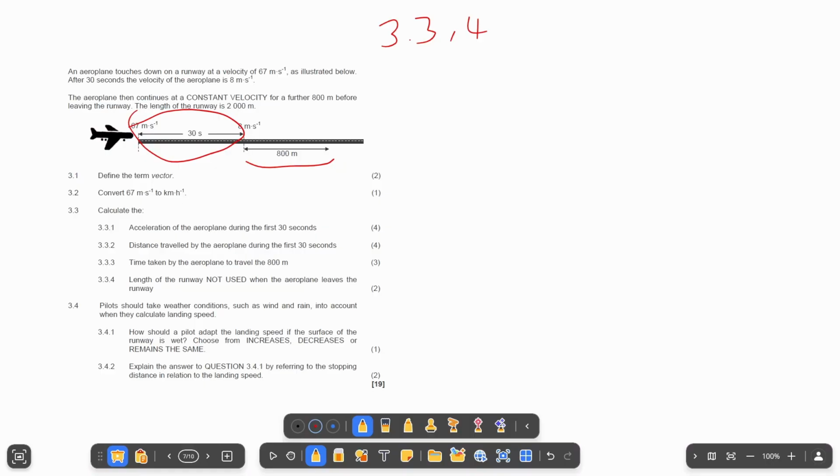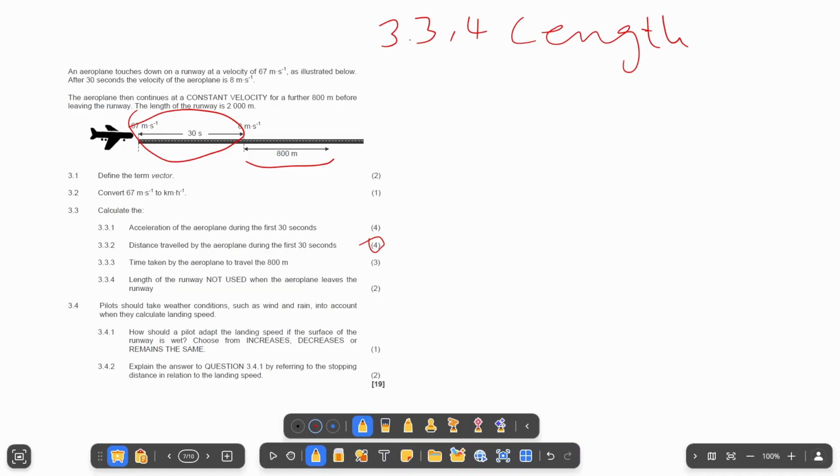The distance traveled by the aeroplane in the first 30 seconds, we have already calculated here. So that length that they want, you can write in full that this is the length of the runway not used.